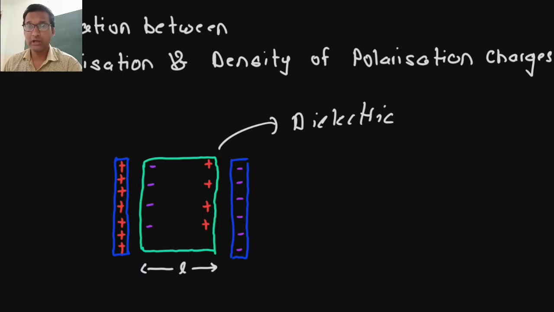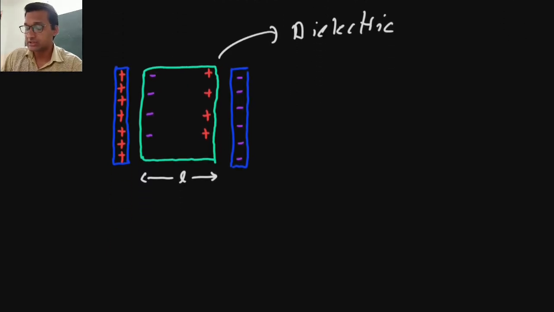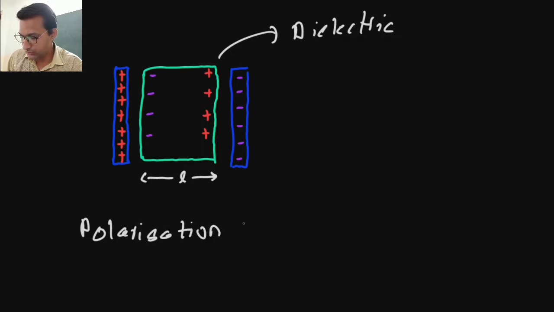Whether it is a polar dielectric or a non-polar dielectric, the charges will get separated, and as a result there will be polarization of this dielectric. Polarization, as we know, is the dipole moment per unit volume of that dielectric.